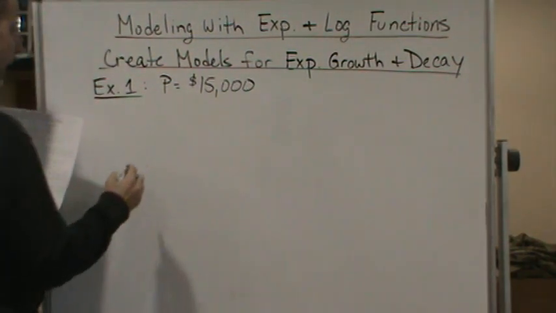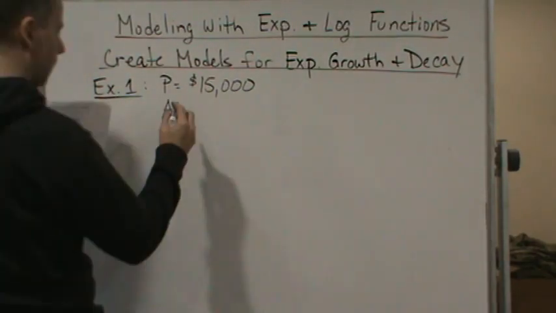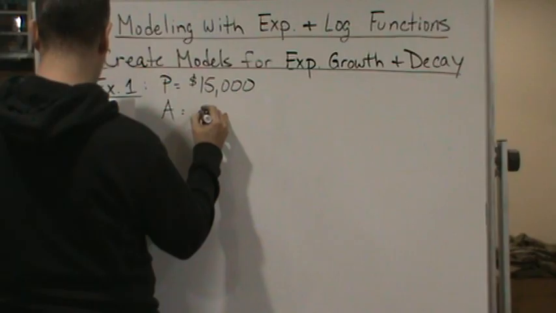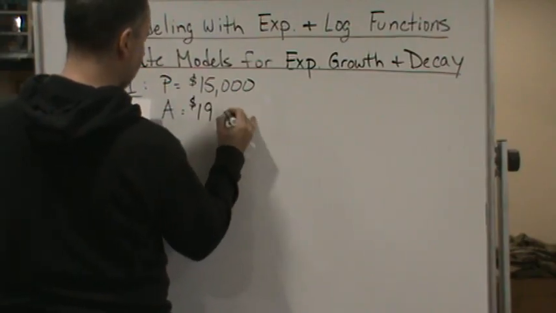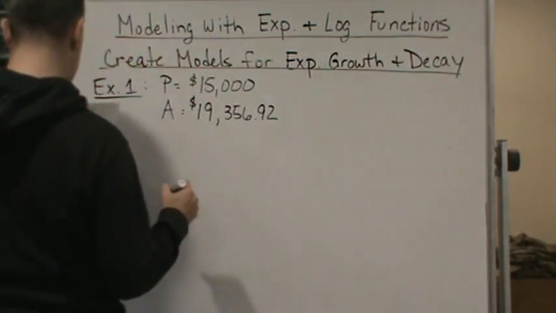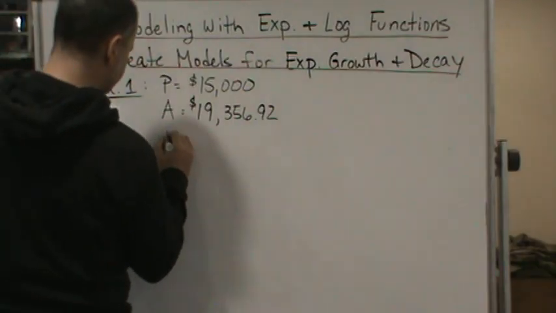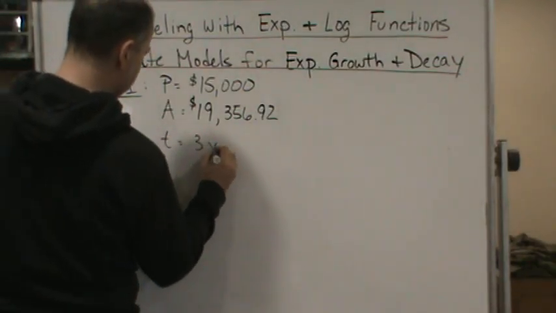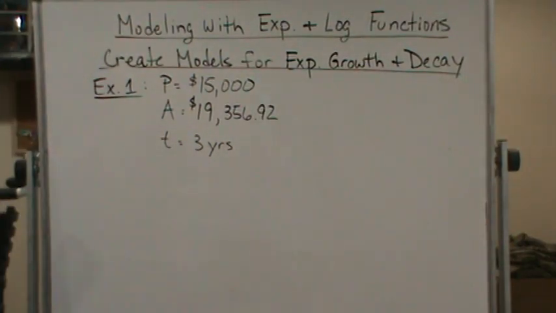A is the future value, so this is after the 3 years, $19,356.92. And of course, t is the 3 years. And so the only thing we don't know, that we're not given, is r, which is what they want us to solve for.